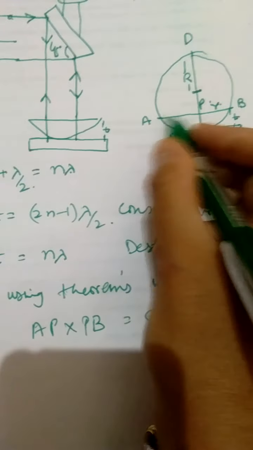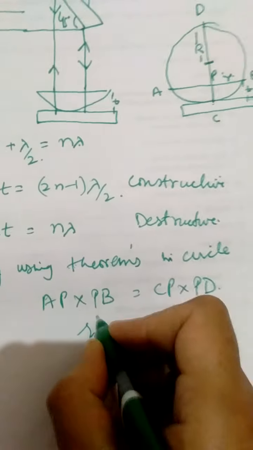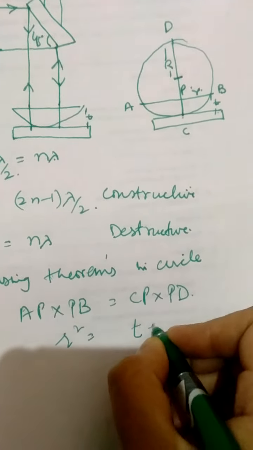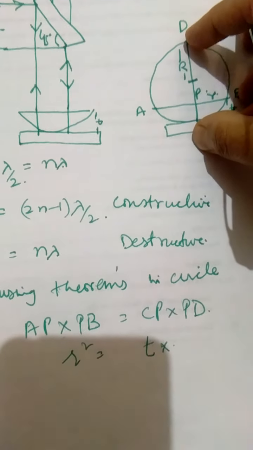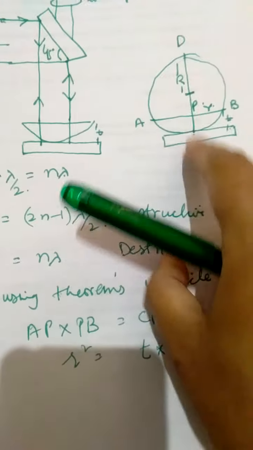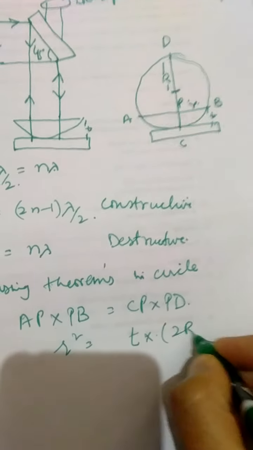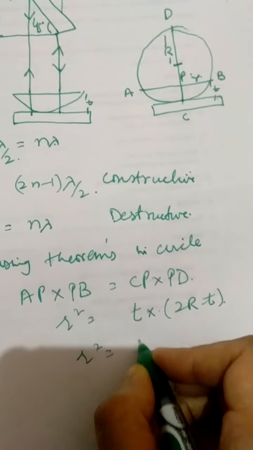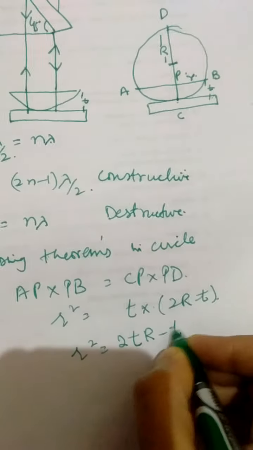It is small r. This is also small r, so this is r square. What is CP? It is the maximum value of the thickness of the film, that is T. And what is this PD? It is the entire diameter of the circle, that is 2R minus the thickness T, right? So it is 2R minus T. So how much is that? r square is equal to 2TR minus T square.